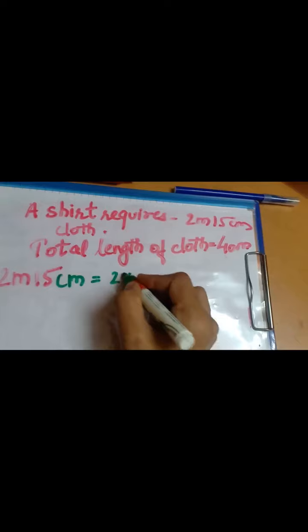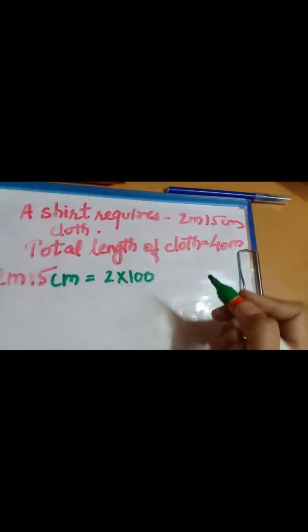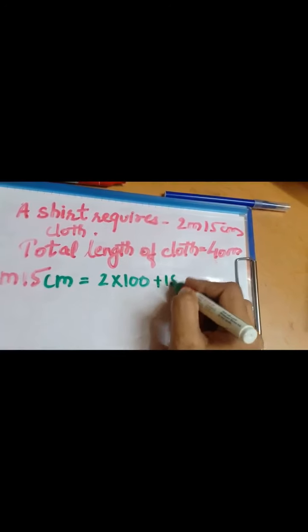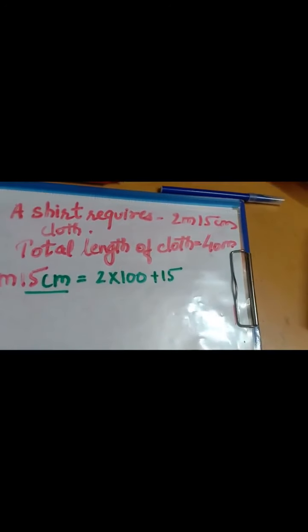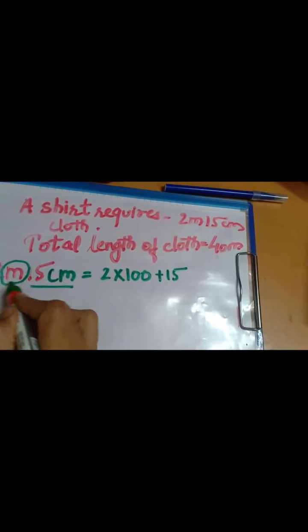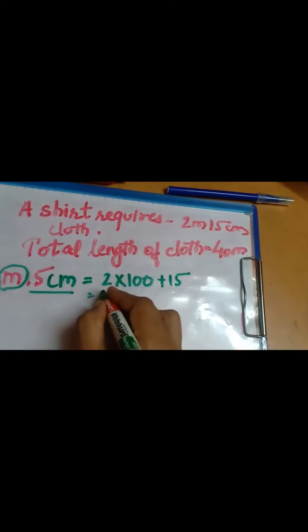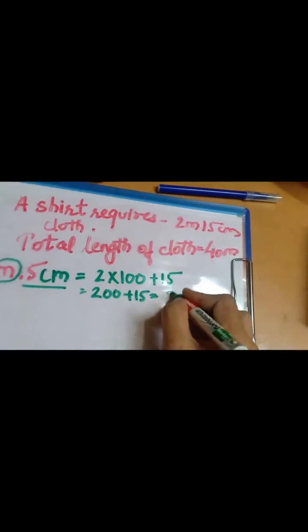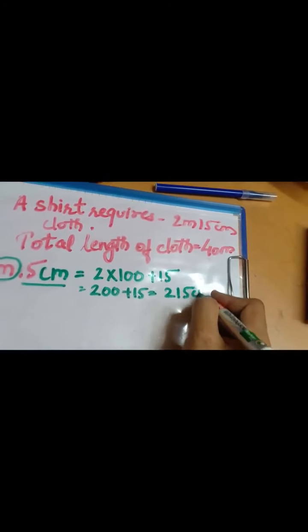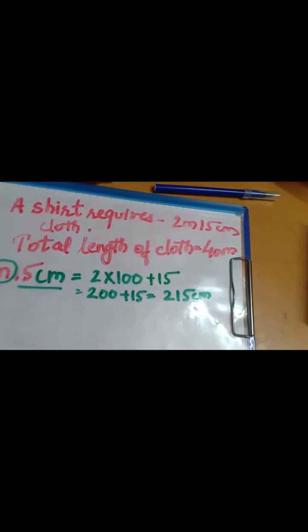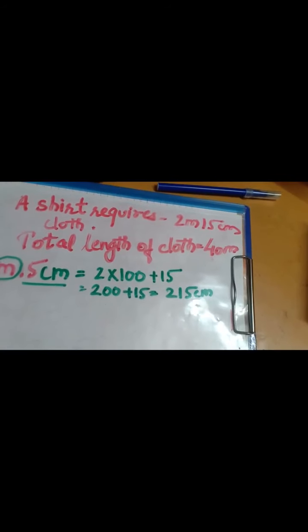So 2 into 100, as 100 centimeter make 1 meter, plus 15. I don't need to convert this 15 because it is already in centimeter. I'll convert only this meter into centimeter. So that will give me 200 plus 15, that is equals to 215 centimeter. So this is the length of the cloth which the tailor requires to stitch one shirt.